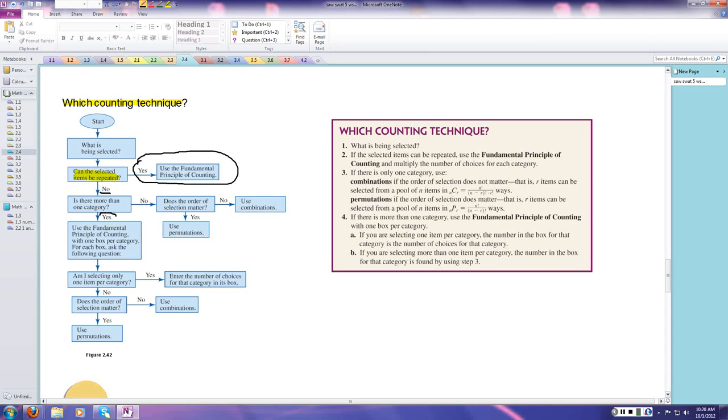If there's more than one category, you're going to use the fundamental principle of counting for each category, and then figure out if you want to use a combination or permutation. If the order matters, you use a permutation. If the order doesn't matter, you use a combination. So it's possible you use a combination of all three counting principles in one problem. You can go through this box on your PowerPoint and ask yourself how many is being selected, and it gives you the permutation and combination there.